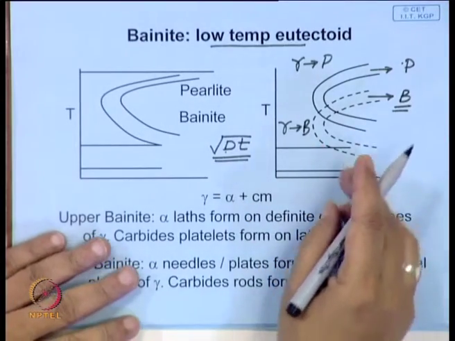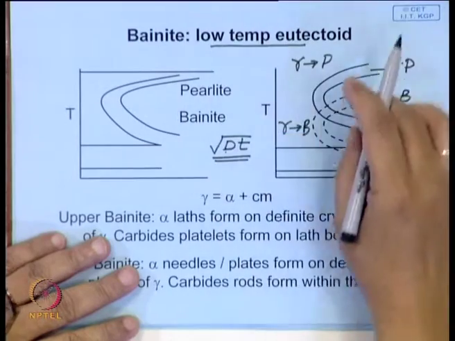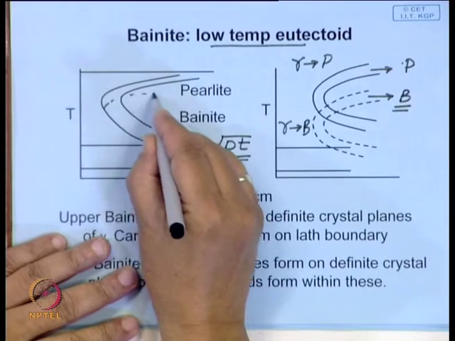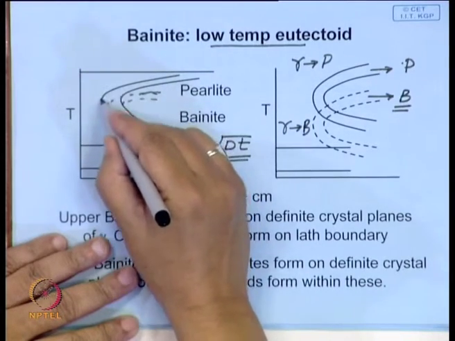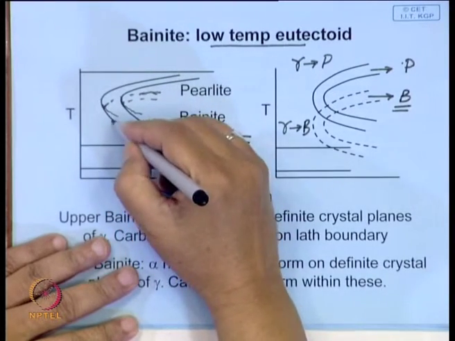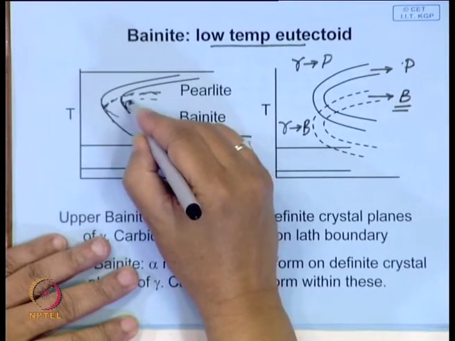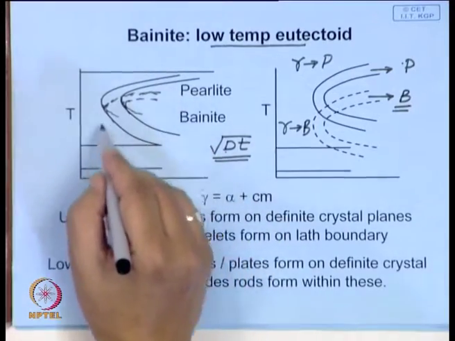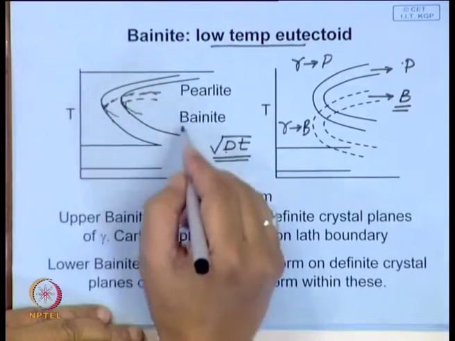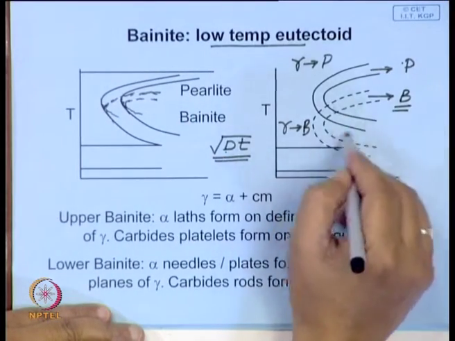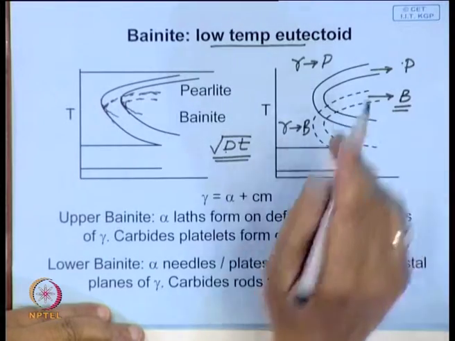For plain carbon steel, it is often found that they overlap. So, this is the portion of pearlite and this is the portion of bainite, and they merge together. Although apparently it looks like one C curve, it may be a superimposition of two such C curves, which is shown over here.